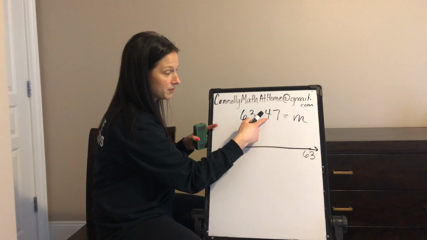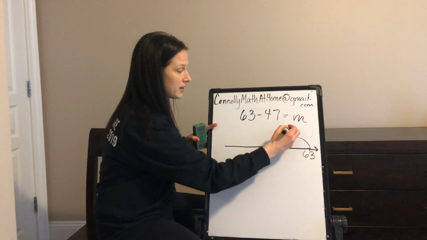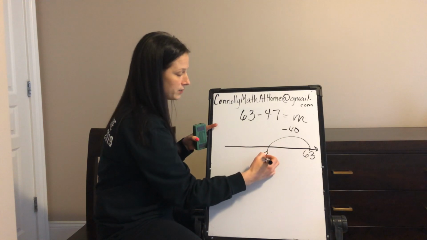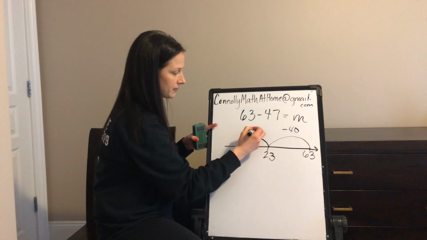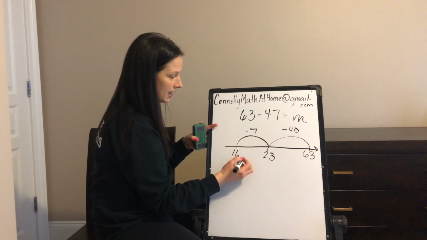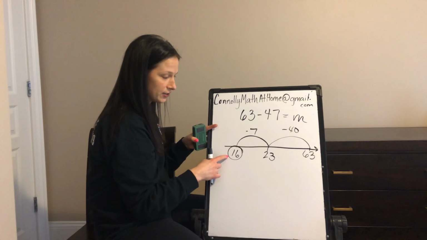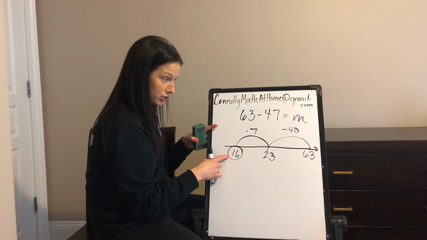They might subtract all of the groups of 10 first, minus 40 to land on 23. And then they might say, okay, I'm going to subtract 7. So 23 minus 7 is 16. And when we get to our answer here, they know that their answer is here in this strategy.